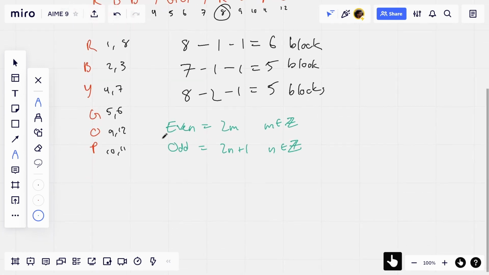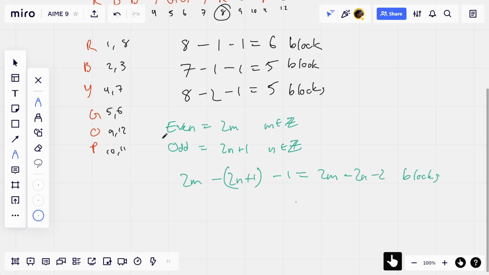What happens when we have two positions for our red blocks, and one of them is even and one of them is odd, represented by these two numbers? How do we determine how many blocks are between them? Well, we subtract, just like we did before, and we subtract 1, which gives us a total of 2m minus 2n minus 2 blocks.